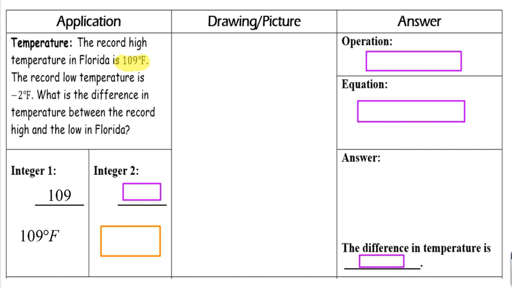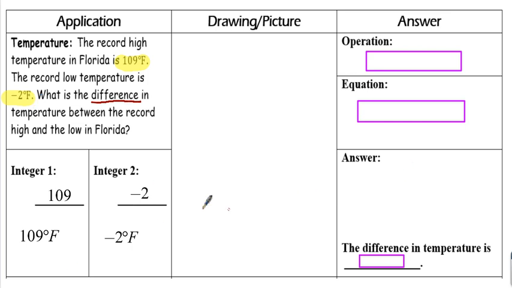And then the other temperature that we know is -2 degrees Fahrenheit, so we can determine that the second integer is -2. Now the problem is asking us, what is the difference between the high, which is 109 degrees, and the low, which is -2 degrees Fahrenheit?